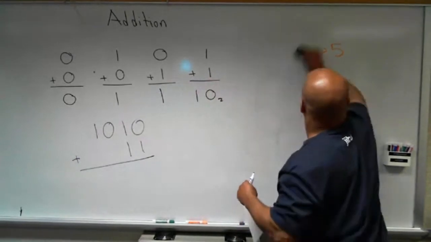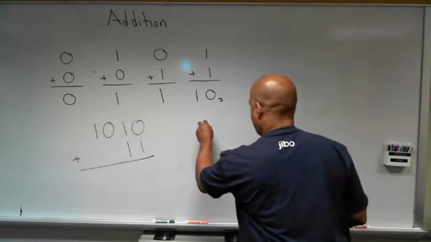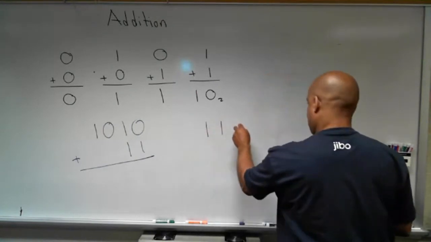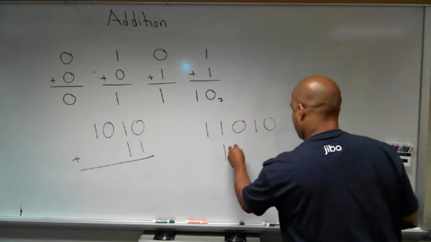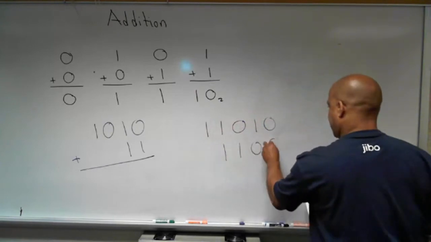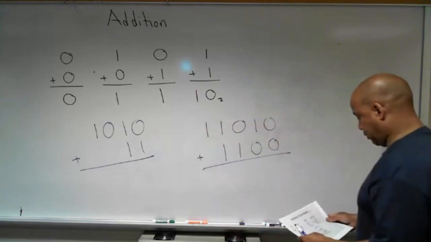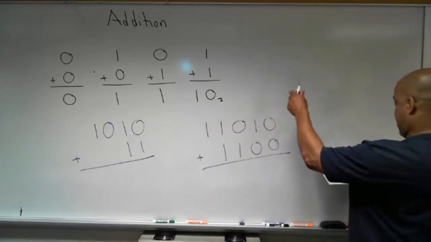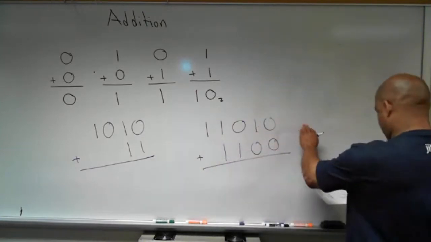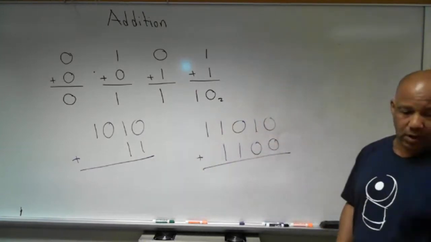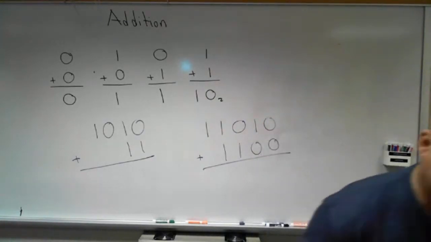And then I have 1, 1, 0, 1, 0, 1, 1, 0, 0. And again, it's understood these are base 2. I'm not going to write the little 2. Okay, so I got that one. So let's try those. See what you can do with those. While you're doing those, I'm going to put the rules for subtraction on the board.